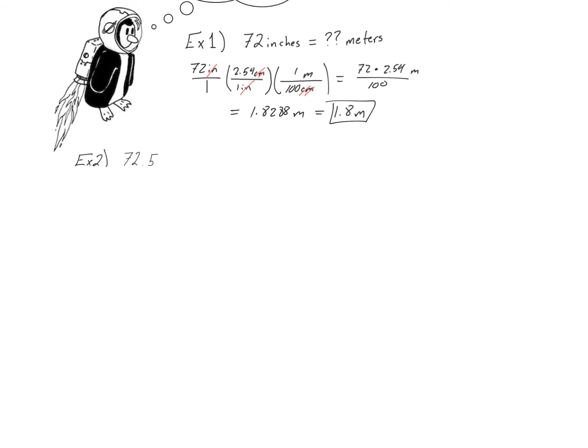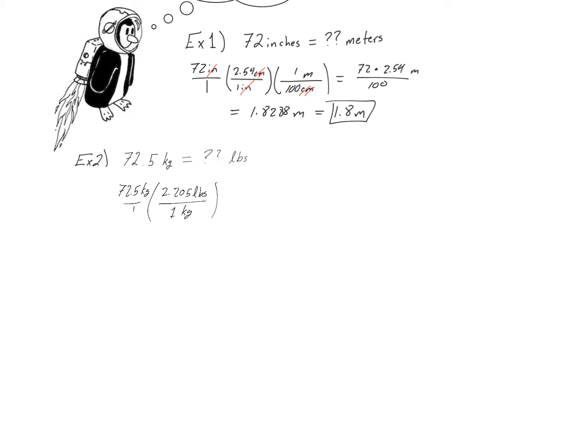Our second example has us converting 72.5 kilograms into pounds. Again, I'm going to start off with what is given, 72.5 kilograms, and put it over 1. Now I have to create a conversion factor. I looked this up earlier, so I know that 2.205 pounds is equal to 1 kilogram.